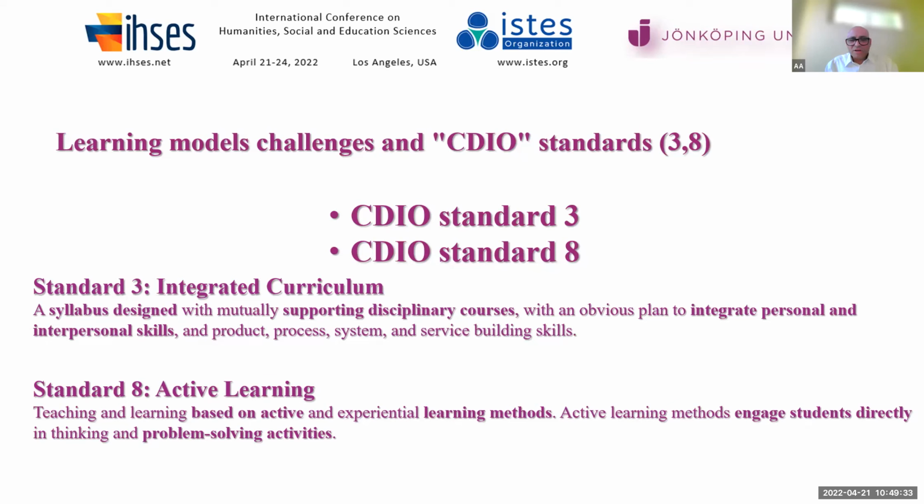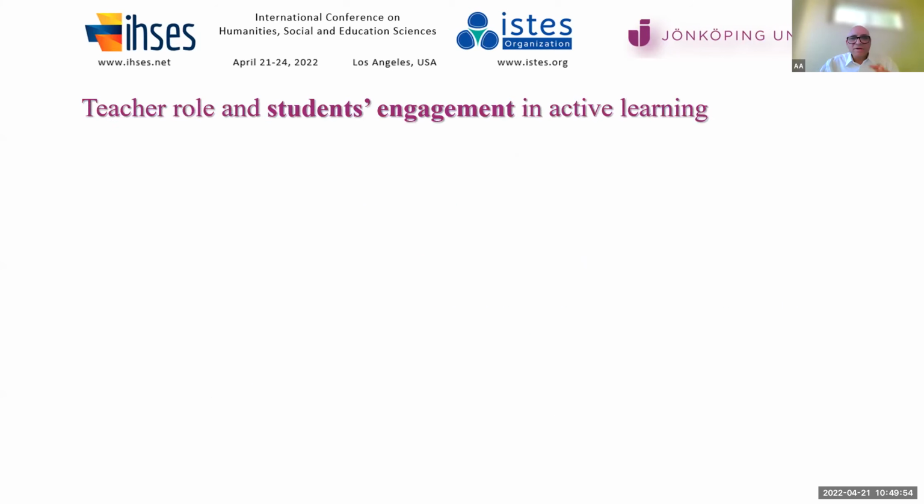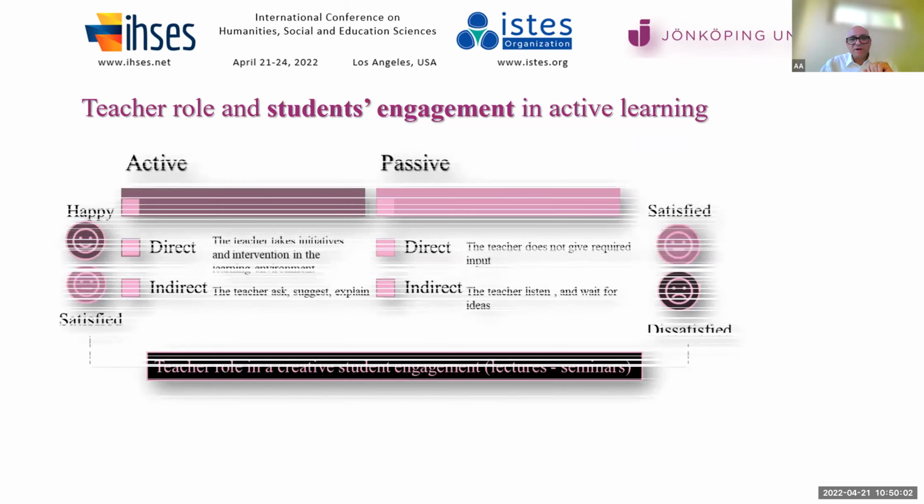Then we start with active learning, in which we are oriented to the learning method: how we can engage students directly in a problem. We create a problem, and then students start to find solutions through activities. Here, the role of students and teachers, and how to create engagement and help students engage in active learning, matter.